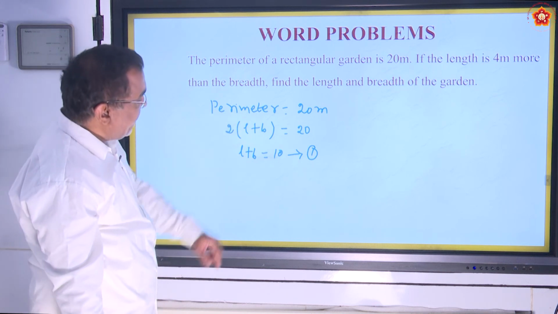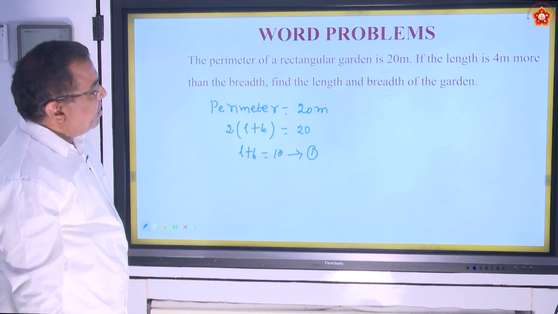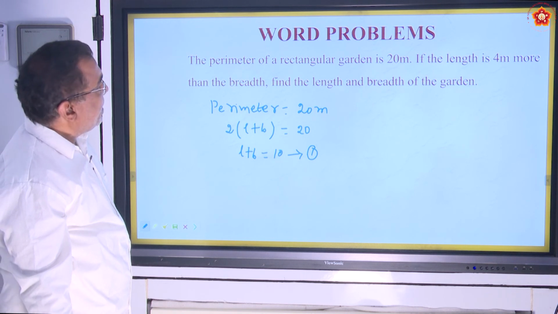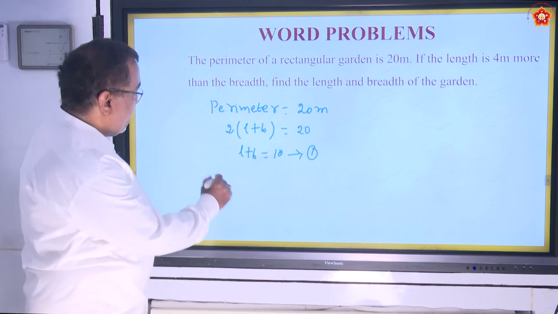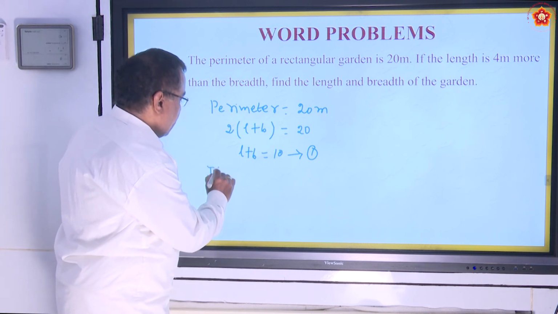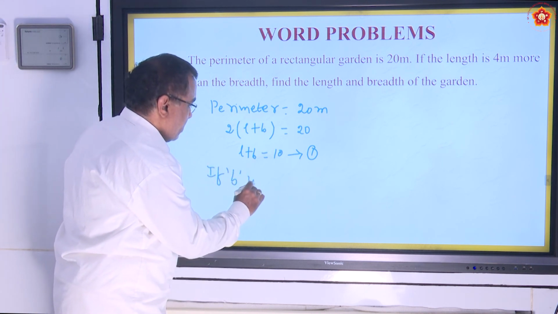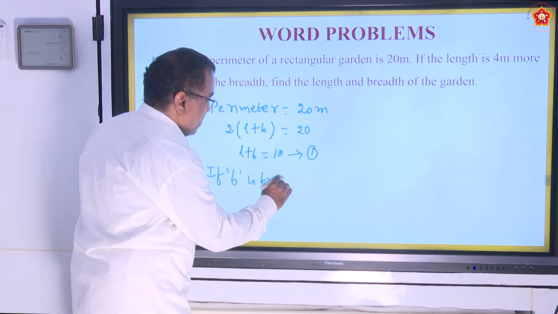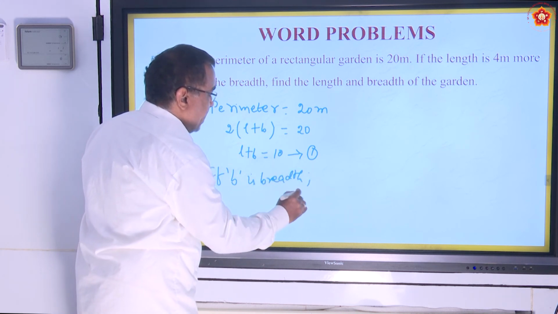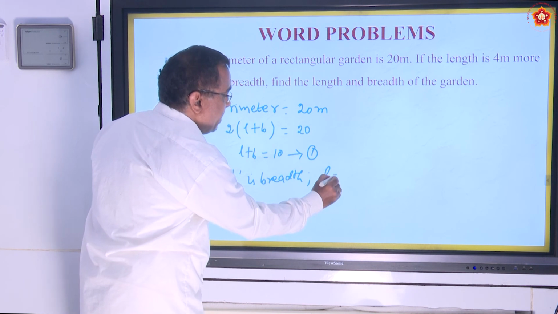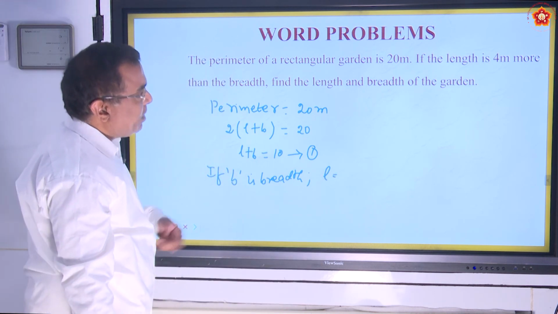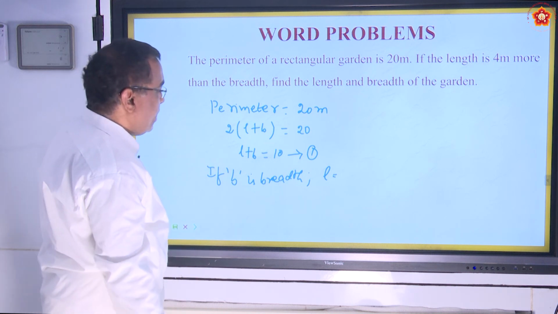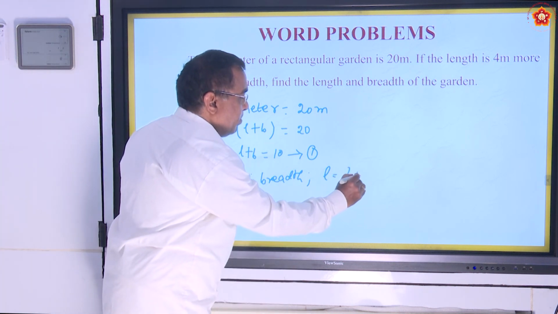So from the second data, we can write: if b is the breadth, from the given data, what will be length? Length will be 4 meter more than the breadth. So it is going to be b plus 4.